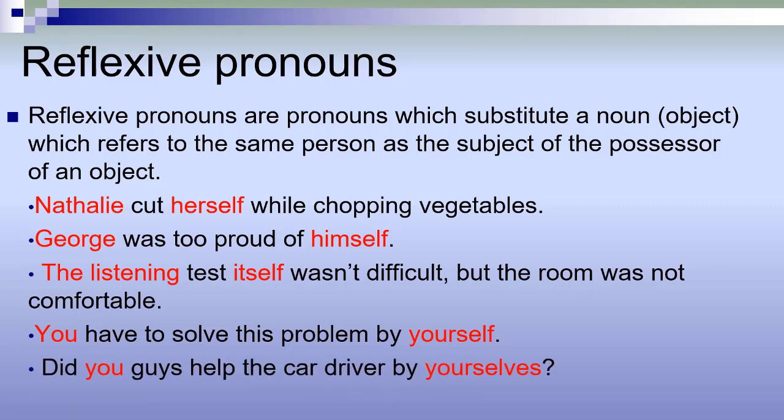In this sentence, yourself is singular. I'm talking to one person, a second person in front of me. But if I talk to a plural second person, then you need to have yourselves over here.